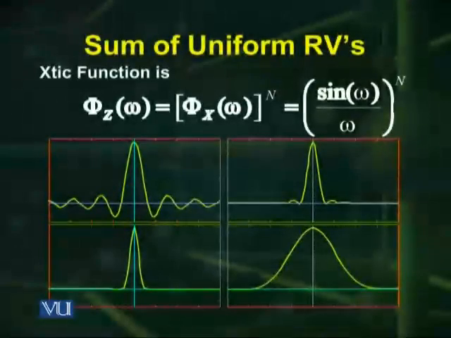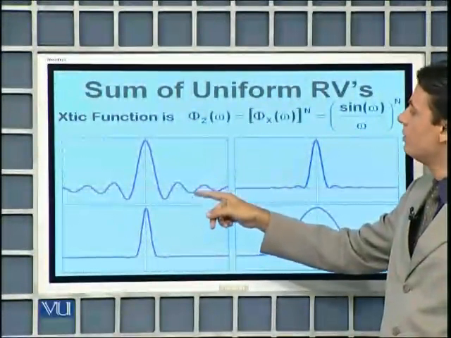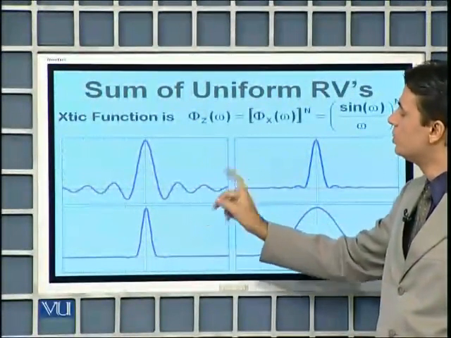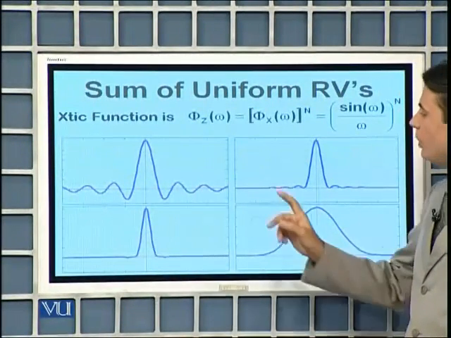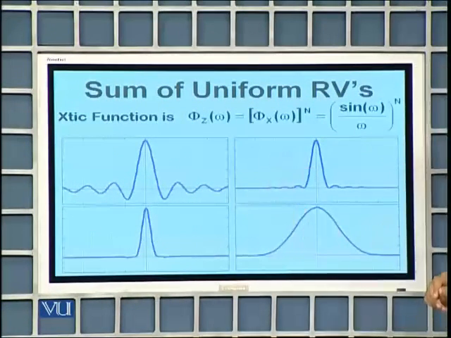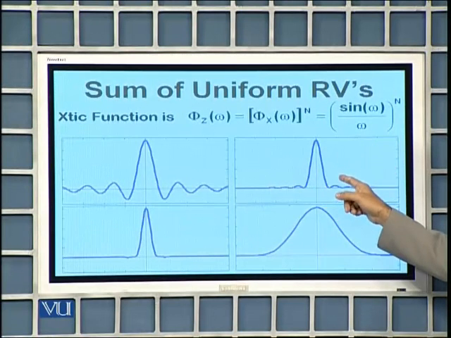Let's have a look at a few graphs which show how this sine omega over omega raised to power n behaves if we change the value of n. This is sine omega over omega, or the characteristic function of random variable x, where x is uniformly distributed from -1 to 1. If you add two such random variables which are uniformly distributed, this is the shape of the characteristic function of the sum of them.